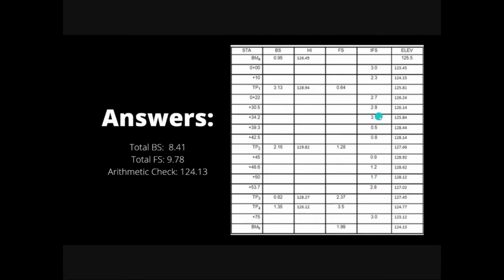So same process as we go down. Then since we took another turning point, we use this value, 128.94 minus 1.28. The answer would be 127.66.